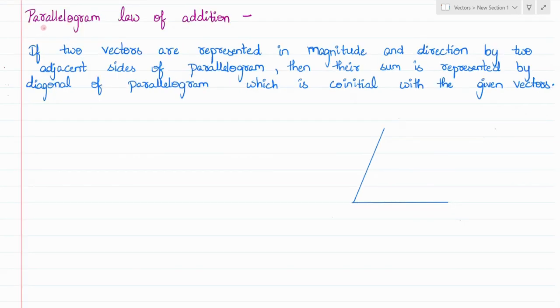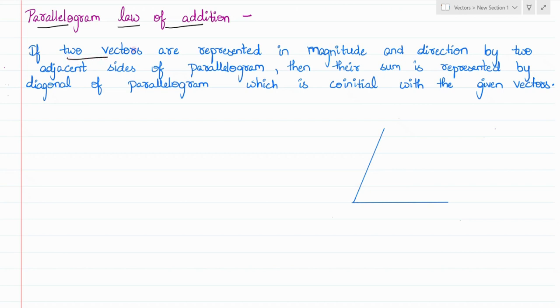Next law of addition is parallelogram law of addition. Here also triangle law of addition will come in this concept. Let's see how this triangle law of addition plays a main role in this parallelogram law of addition.